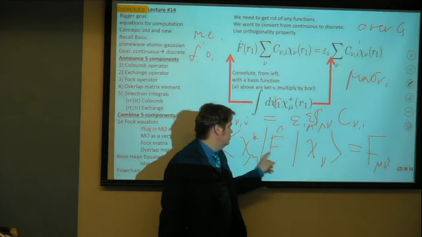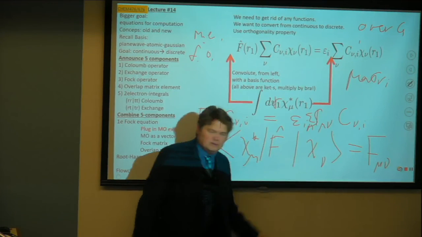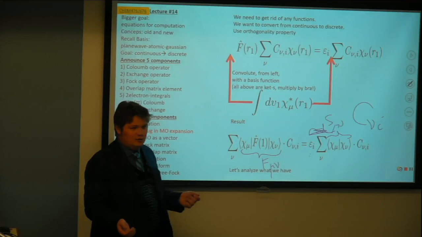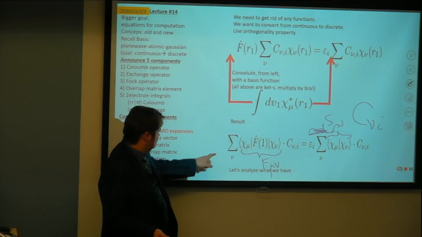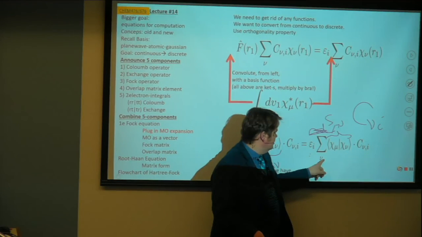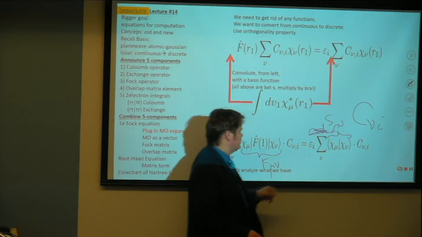One can also notate it in different ways. I don't know why you need so many slides, but you put the ideas, right? So summation, Fock matrix, expansion coefficients, S matrix, expansion coefficients.